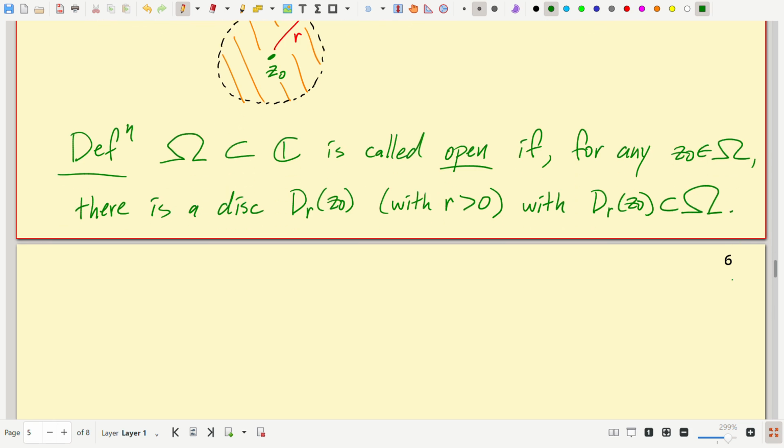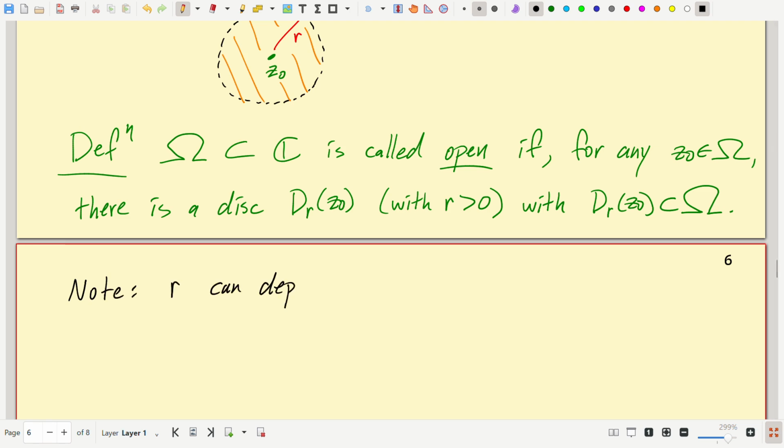And the thing to note here is that r can depend on z naught. It's not one r works for all z's.